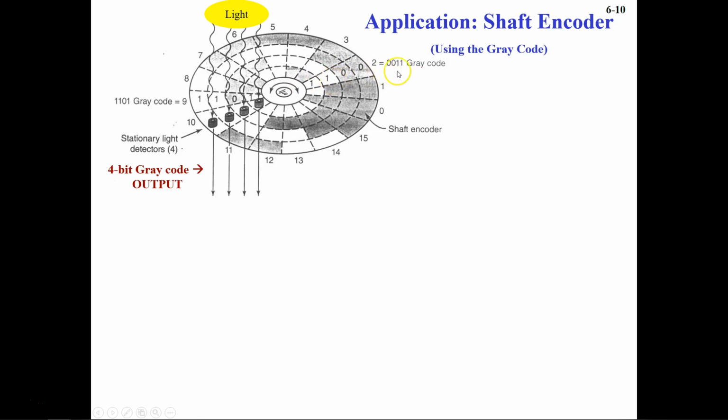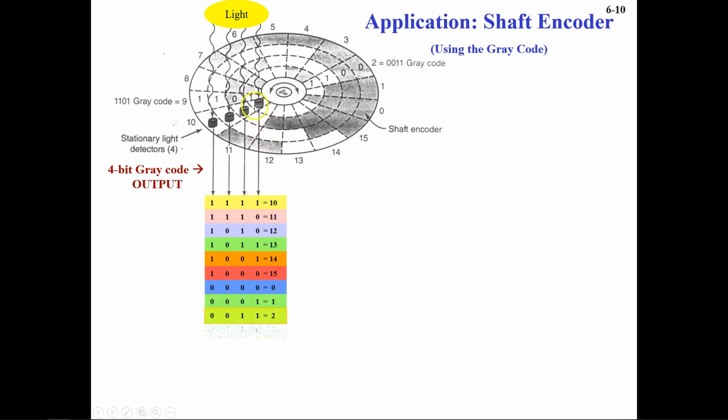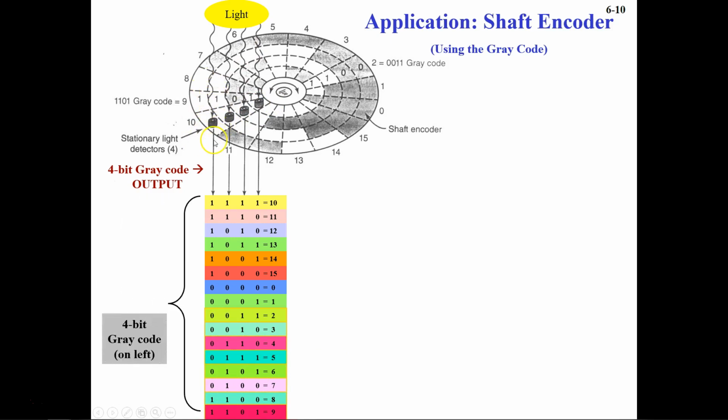So that's why you have 0011 for segment 2 in gray code. Now let's see this particular case, segment 10, where you have 1111. All four subsegments in segment 10 are 1, which means they are all light and open, and light can pass through to the detector.